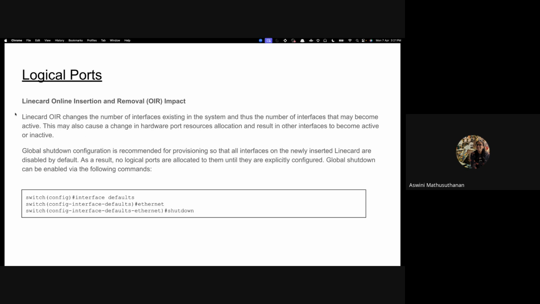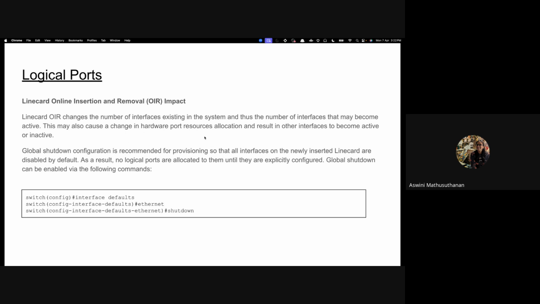According to the limitation of the model, line card 2 should be given the highest preference. So as soon as the line cards are inserted and the interfaces are configured and connected, they are going to come up. If 2 comes up and 5 is not affected, then it's not a problem. But if 2 is coming up and 5 interfaces are affected, which are already carrying traffic, then that's a problem. It's going to cause some loss for us.